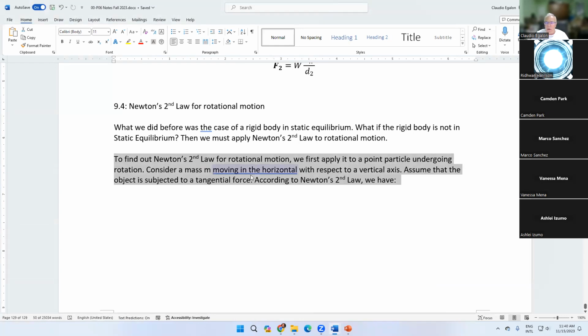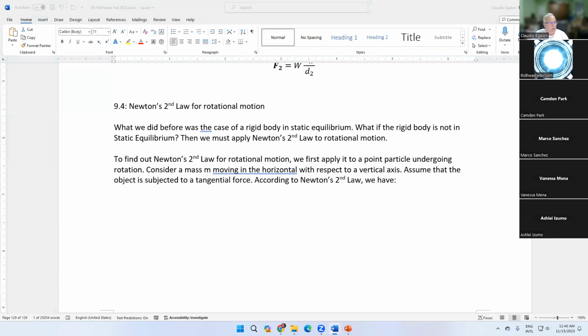To find Newton's second law of rotational motion, first apply it to a point particle undergoing rotation. We consider a point particle in the whole mass. The whole mass is M. And assume that the object is made of several point masses, and each point mass is subjected to a tangential force.